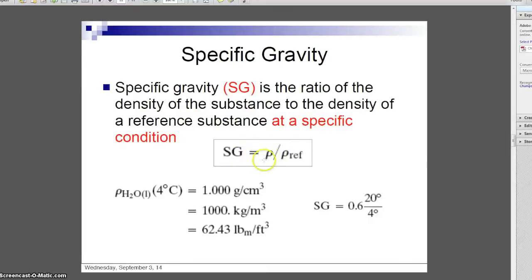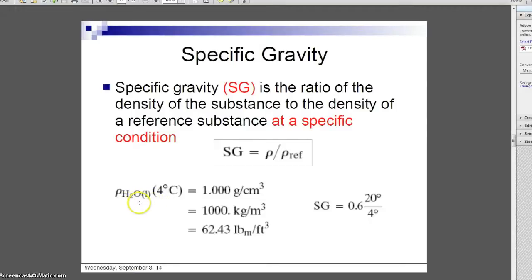Specific gravity equals the density of the substance over the density of the reference substance, so no units at all. The reference substance is H2O liquid at 4 degrees C. So that's at a specific condition.